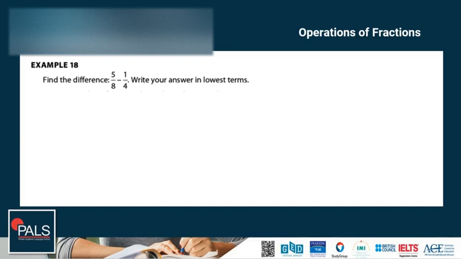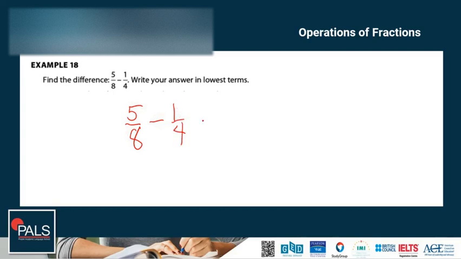Once both fractions are rewritten with that denominator, you can subtract the numerators in the same way as you added in the previous example. To rewrite 1/4, the numerator and the denominator must be multiplied by 2. 5 over 8 minus 1/4.